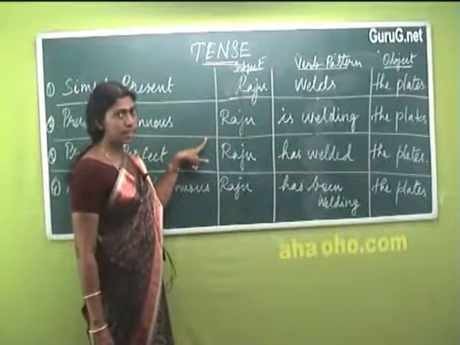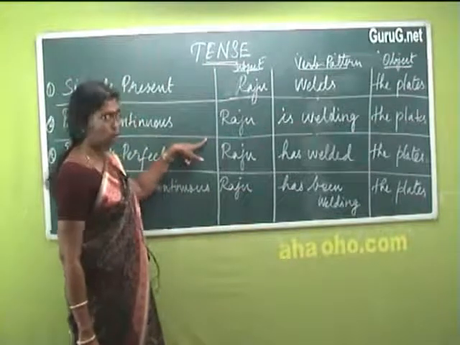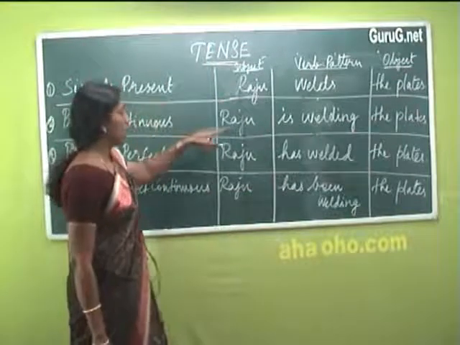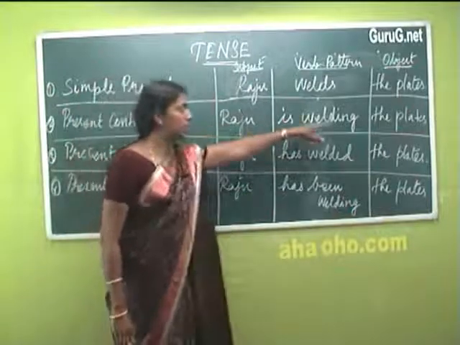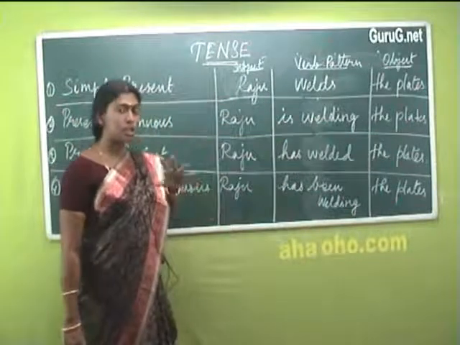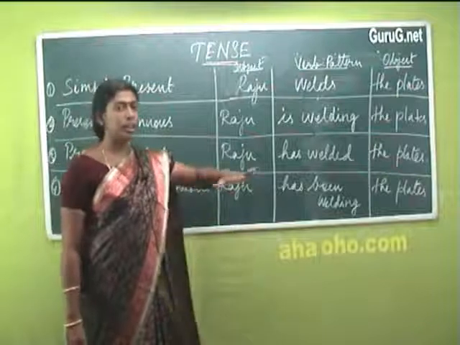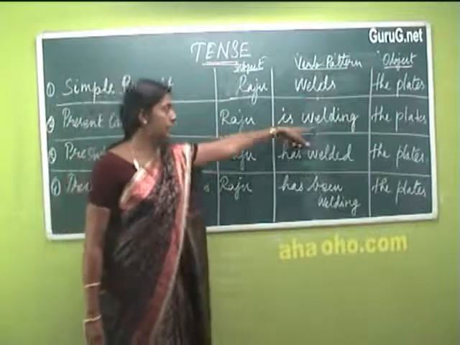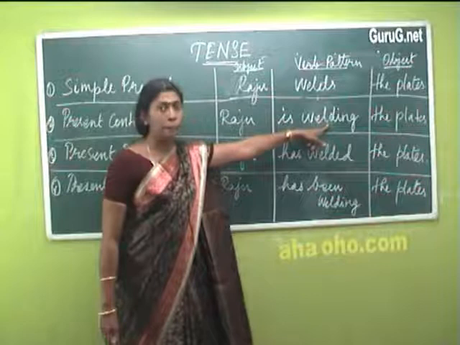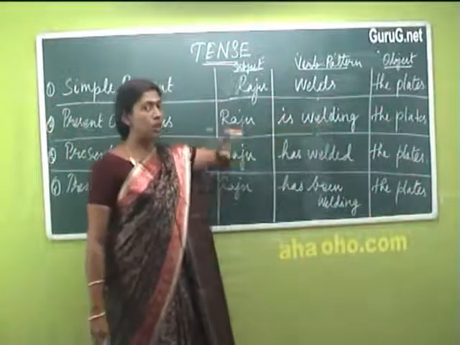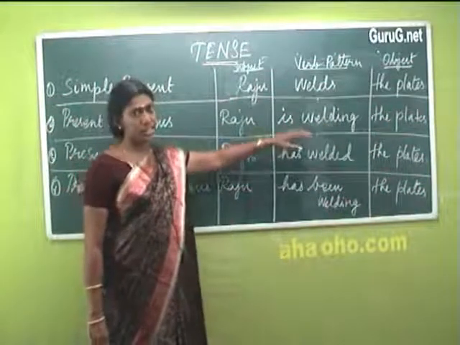Let's go to present continuous tense or the progressive tense in present tense. Raju is welding the plates. The activity is not over, it is continuing, so it has a present participle. What is the present participle? Let's concentrate here.